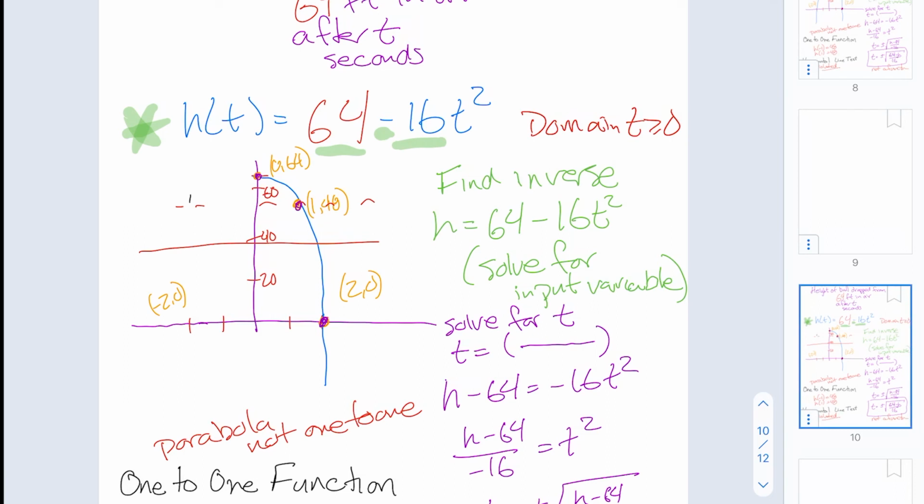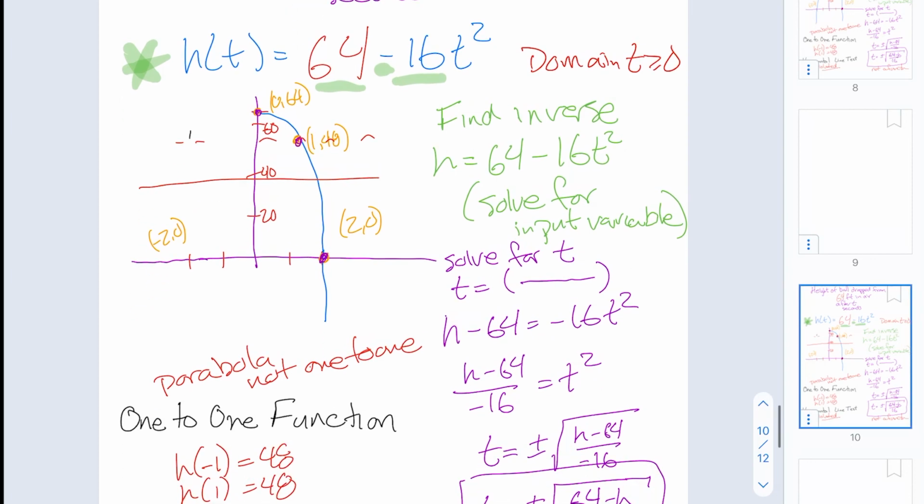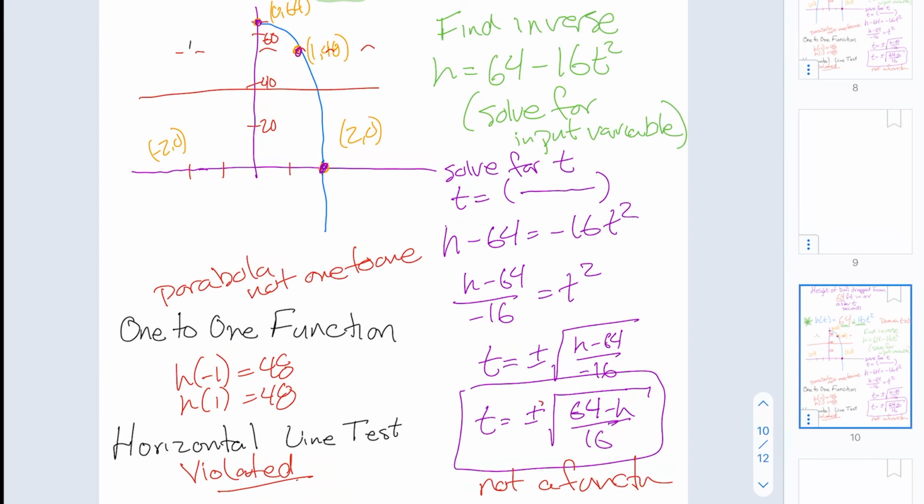Right? If you're dropping the ball, what was the height 2 seconds before you dropped it? It doesn't follow this formula. So when I solve the inverse, I do the same algebra all the way down here, but when I get down to the plus or minus, I just take the positive one. All I care about is the positive value. And so it is a function.